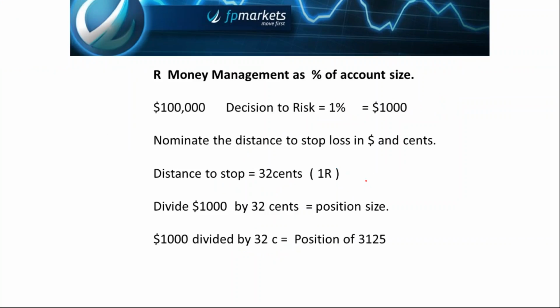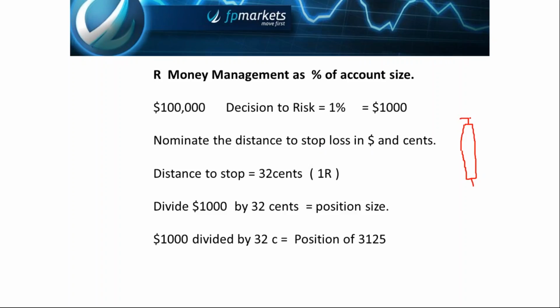So in money management, if we decide we have a $100,000 account and we're going to risk 1%, which is $1,000, we nominate the distance to stop loss in dollars and cents. So we nominate that on our entry point, whatever that is.